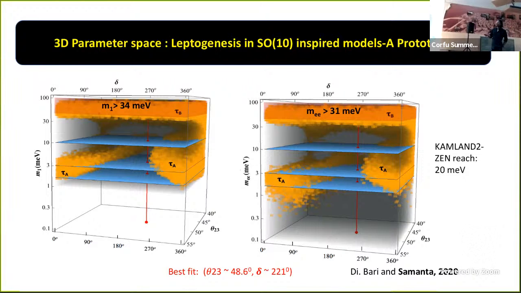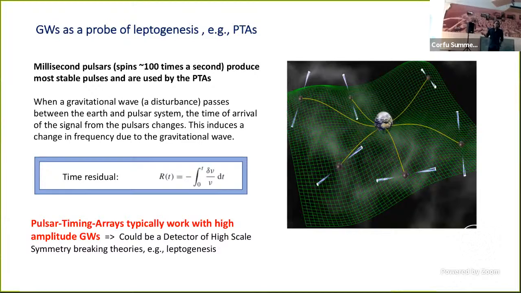Now I will go to gravitational waves. What motivates me to connect leptogenesis with gravitational waves are pulsar timing arrays. Pulsar timing arrays basically detect signals from pulsars.